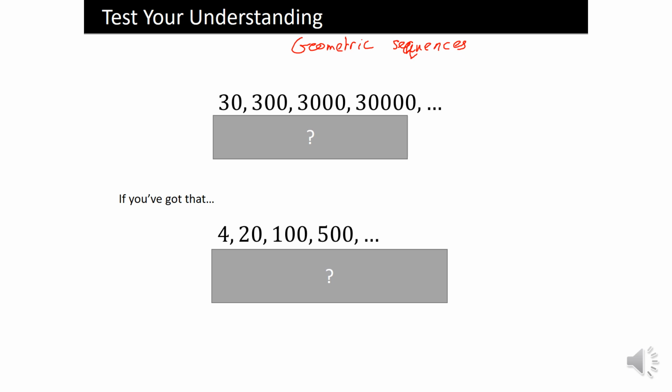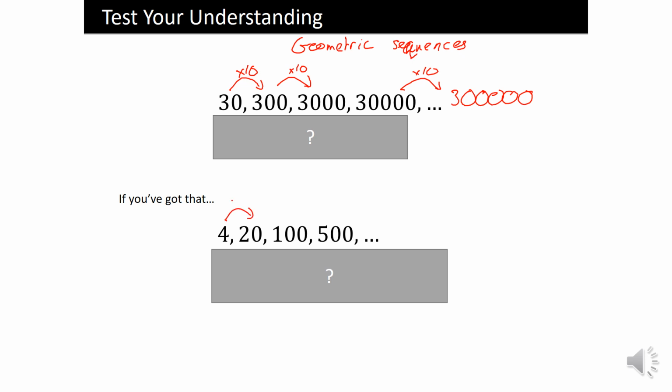Okay, so this top one, each time it is multiplying by 10. So the one after this will just be times by 10, so 3 and then 5 zeros. So we've worked out our next term. Really common question.